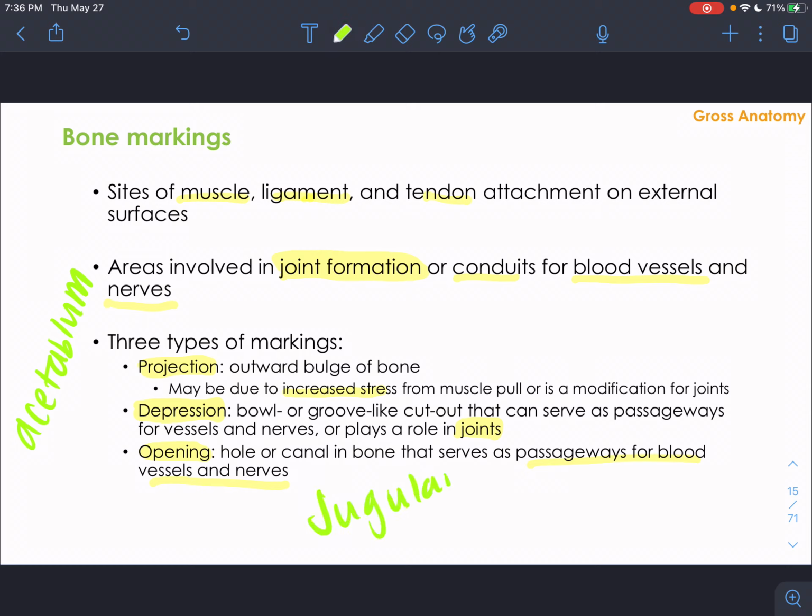It's my favorite one. I don't know, maybe not. But your jugular vein is going to go through the jugular foramen. Okay, and the carotid canal, your carotid artery goes through. You have the external acoustic meatus that your ear canal goes through. So there's a lot of different holes in the bones that stuff's going to go through.